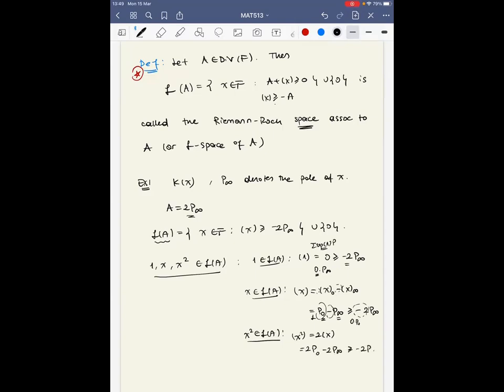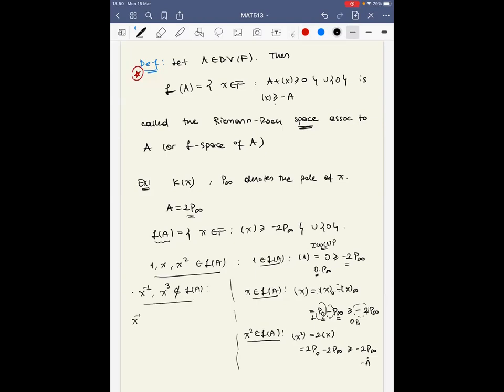With respect to the partial order we consider, again we can see that x squared also lies in L of A. On the other hand, neither the inverse of x, nor x cubed, nor any power bigger than or equal to 3 is a function in the L space of A.